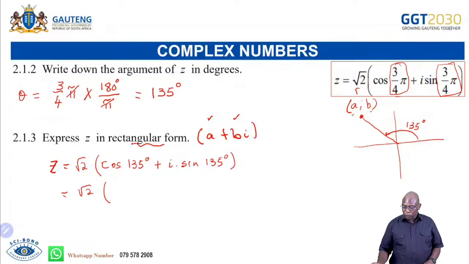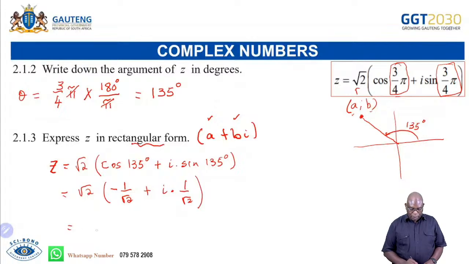So we go to cos of 135, then as a fraction I get minus 1 over square root of 2, plus i multiplied by the sine of 135. So I go to the calculator, sine of 135, and I get 1 over square root of 2, close bracket.